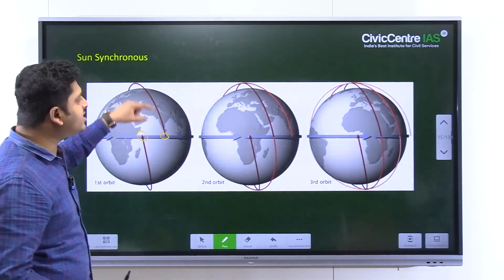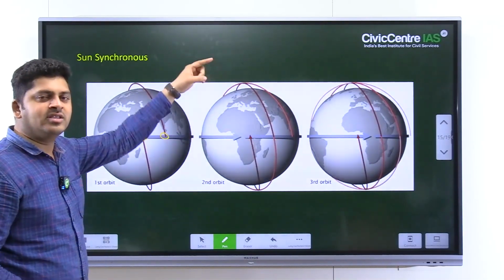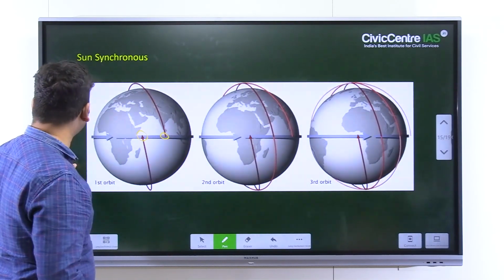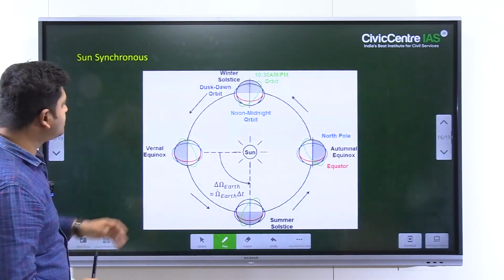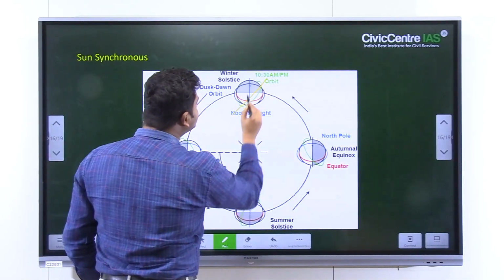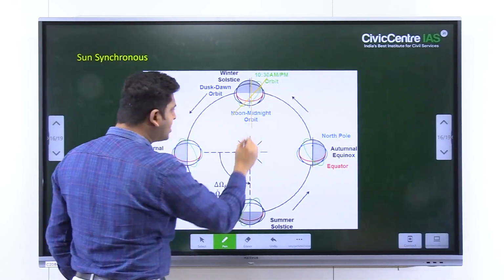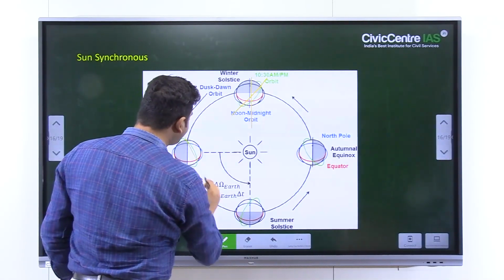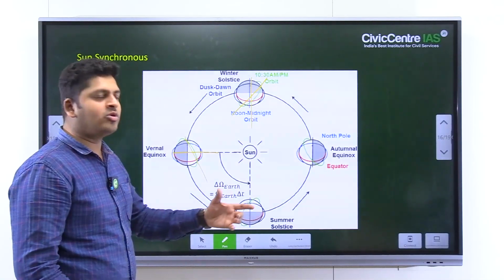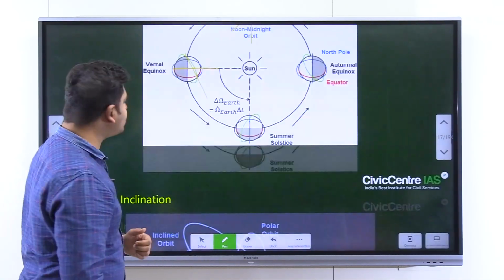This is the kind of revolution the satellite has around the Earth in a sun synchronous orbit. As I told you earlier, if you look at the inclination between this orbit and the sun, it's always the same and does not change.